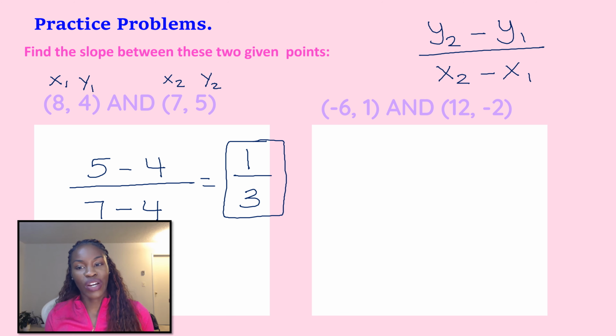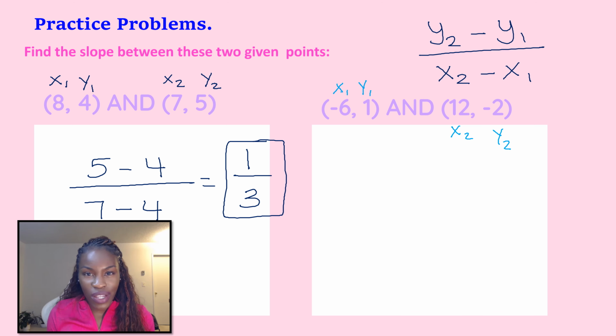Okay, so let's go ahead and do another problem. It's always good to have extra practice. So again, I like to label my points. So I'm going to label this x1, y1. I'll just label it down here, x2, y2.